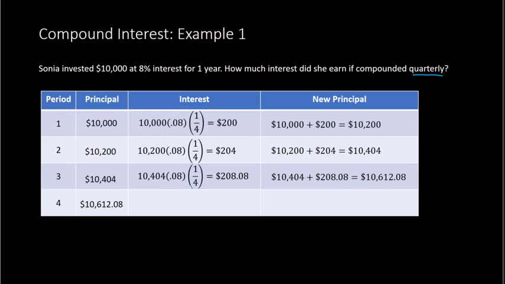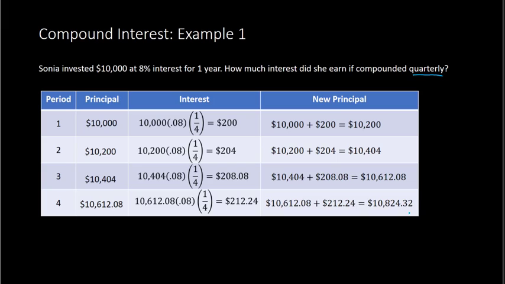So going into quarter 4, this principal is my beginning balance, $10,612.08. To find the interest earned within quarter 4, I take the principal times the rate, 0.08, multiplied by the time, which is 1/4, and that equals $212.24. So by the end of quarter 4, I have the $10,612.08 plus the $212.24, and that gives me my total, which is $10,824.32.